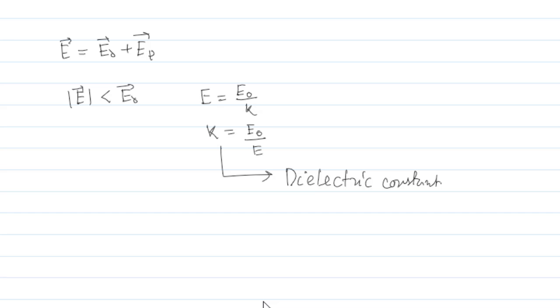So what is the dielectric constant? It shows how much the electric field has changed due to the dielectric. So it's just a ratio, right? So whenever someone tells you that a dielectric has a dielectric constant of 1.5, you know that the electric field has been reduced by that fraction. Okay, so this is known as the dielectric constant.